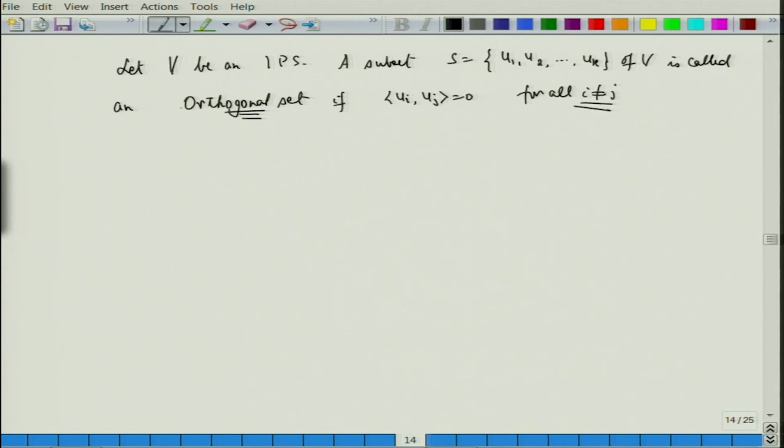Alright, so I am talking of an orthogonal set. Orthogonal means they should be perpendicular to each other.